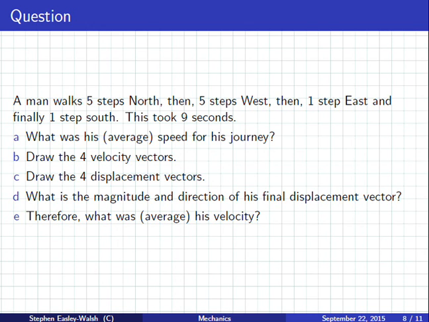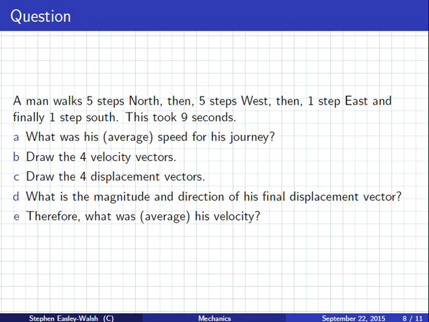I think it's helpful if we have some boxes to go with. So, the man starts here. Then he goes 1, 2, 3, 4, 5. He is here. Then he goes 1, 2, 3, 4, 5 here.